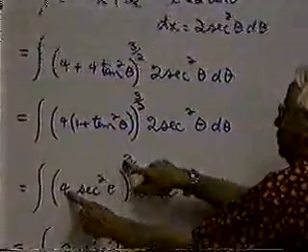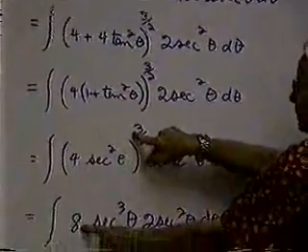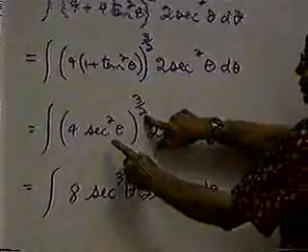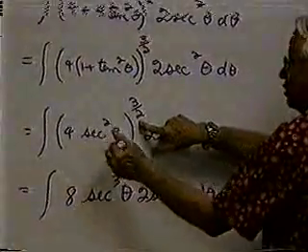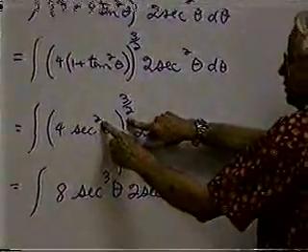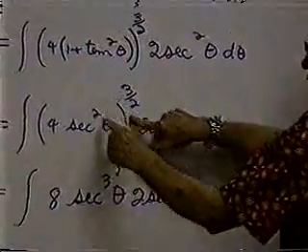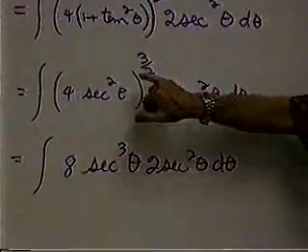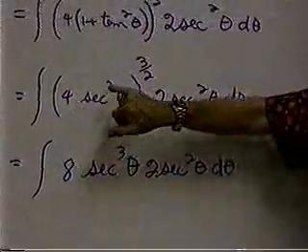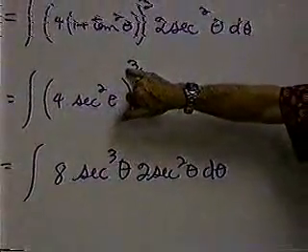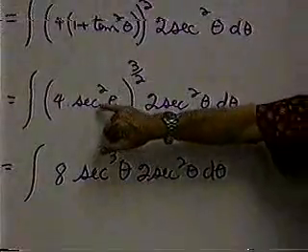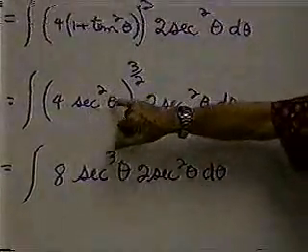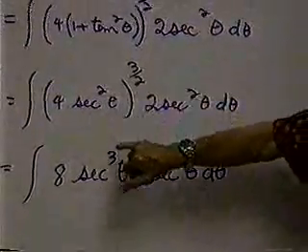What is 2 cubed? It's 8. What is the square root of secant squared? Well, it's secant. And then you take that and cube it. So if you have a fractional power, you take the square root of this number and then raise that answer to that power, and you simply take the secant and raise it to that power.